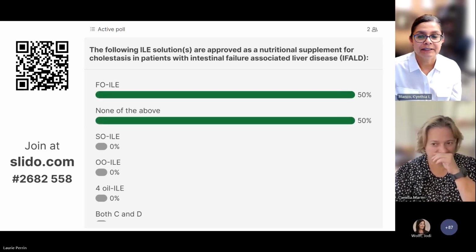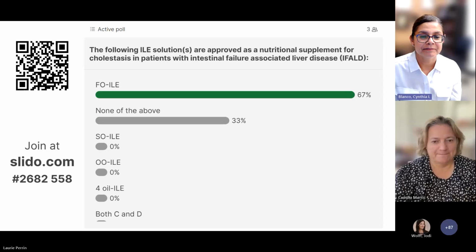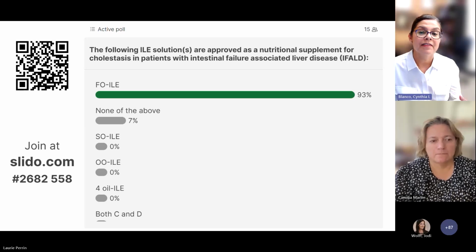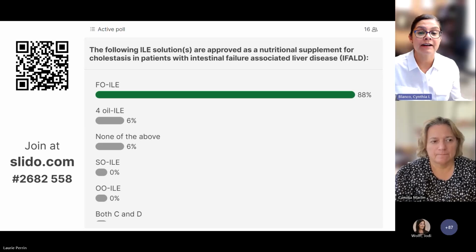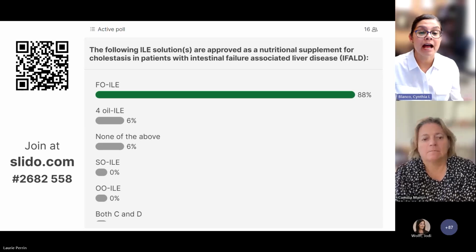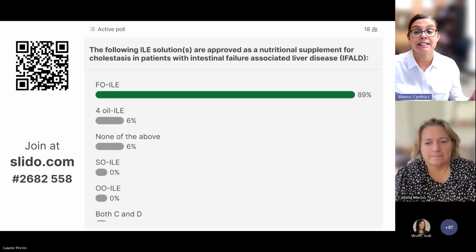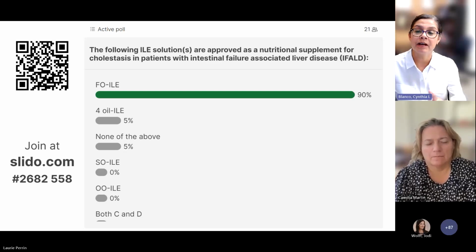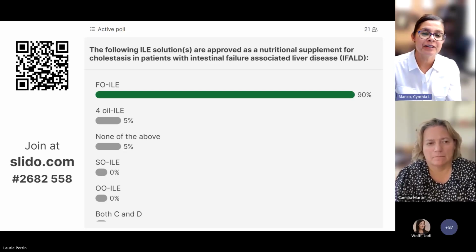And you can see, and this is something that, as we continue to practice, we all have those patients that have cholestasis. And as they develop the cholestasis later in time, then we utilize fish oil-based lipid emulsions. And we have all seen the next slide.